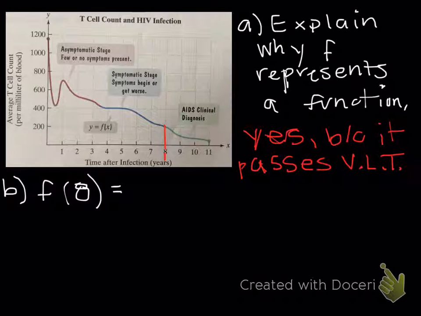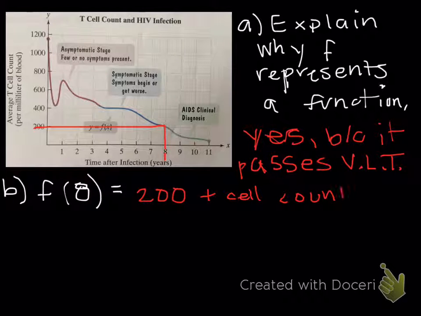I would go straight up, and I would find the y value that intersects with it. So I would say there's about 200 T cell count after 8 years.